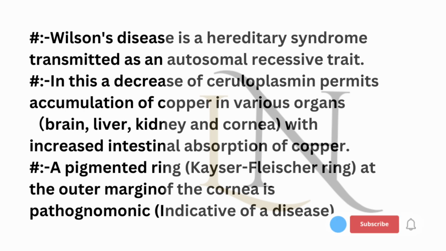In this, decrease of ceruloplasmin permits accumulation of copper in various organs like brain, liver, kidney and cornea, with increased intestinal absorption of copper. Pigmented ring at the outer margin of the cornea is pathognomonic, indicative of the disease.